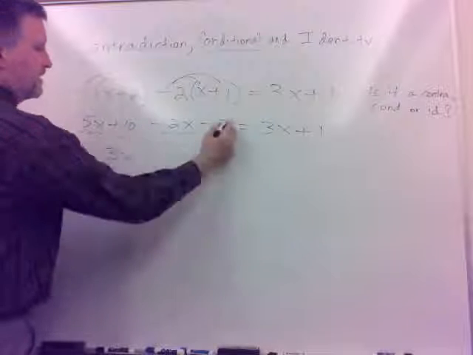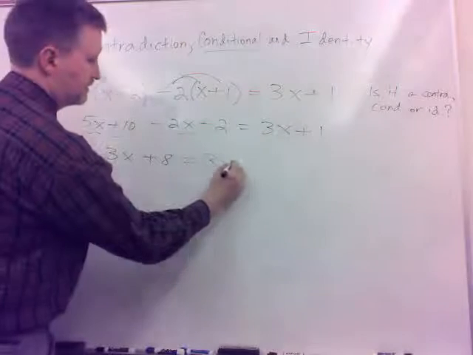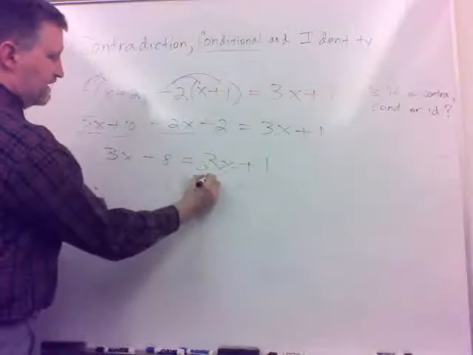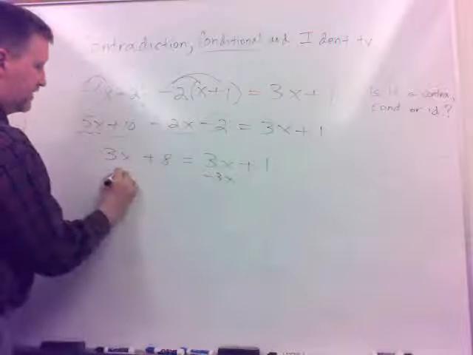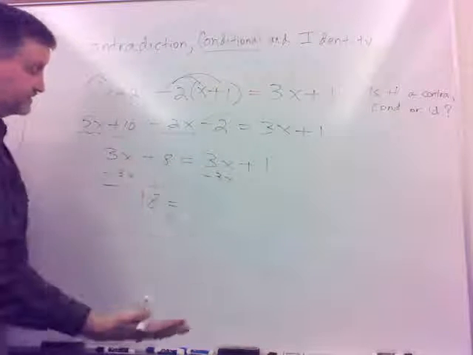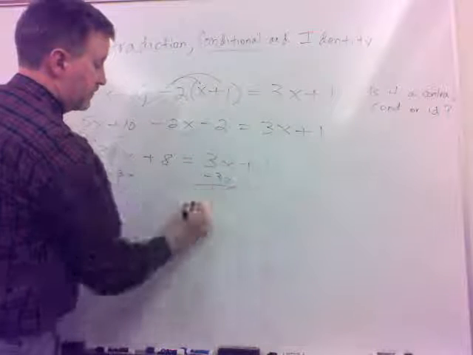Then I got 10 and minus 2, so that's positive 8. That's 3x plus 1. Moving the variables to one side, I'm going to move this 3x over, so it'll be minus 3x. So that'll leave me 8. 3x minus 3x is 0, so 8 equals 1.